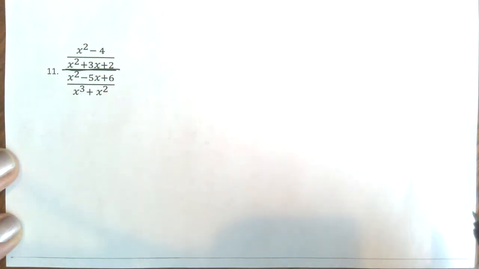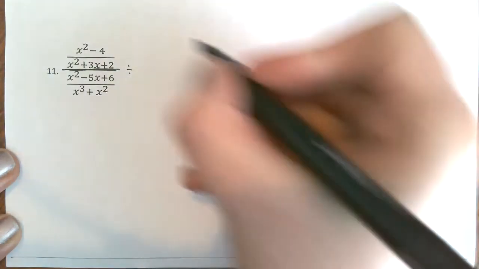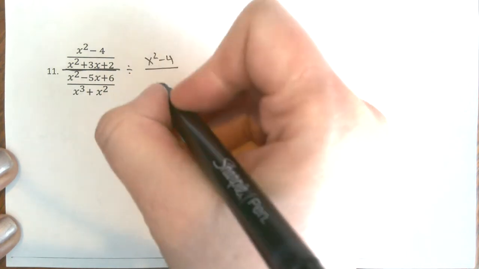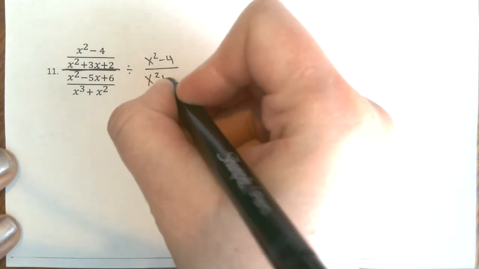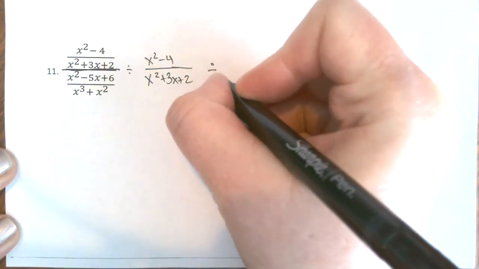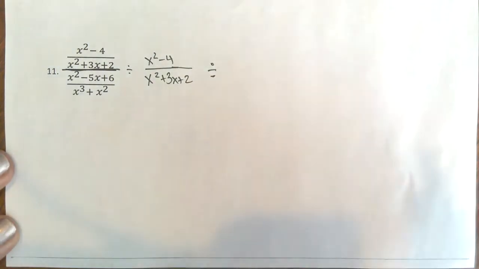Here is my big division sign that separates the numerator from the denominator. So I'm going to rewrite this as x squared minus 4 divided by x squared plus 3x plus 2. There's my big division bar, so that's where my divide sign goes.